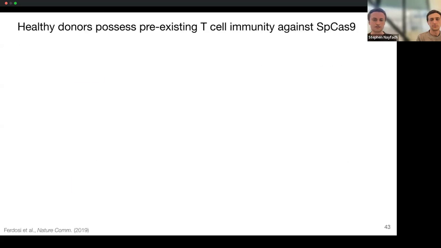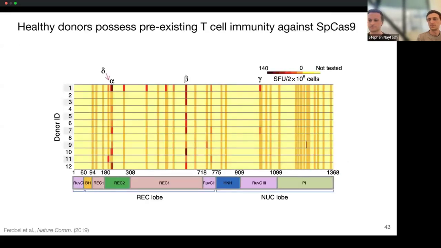And then the final thing we looked at was whether OpenCRISPR-1 is likely to elicit immune responses in healthy donors. This has been found for SPCas9.